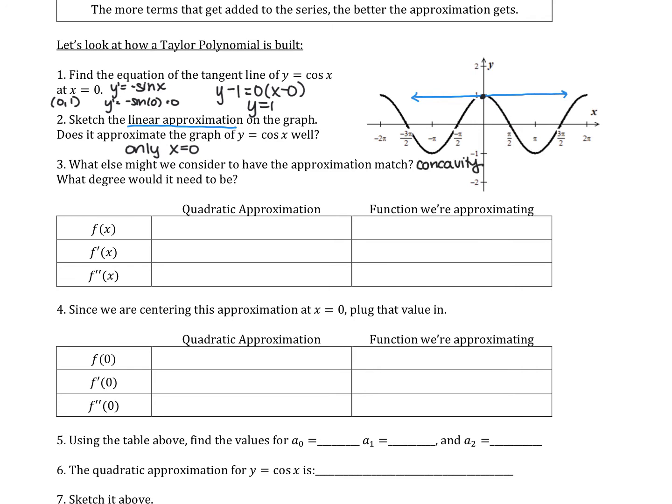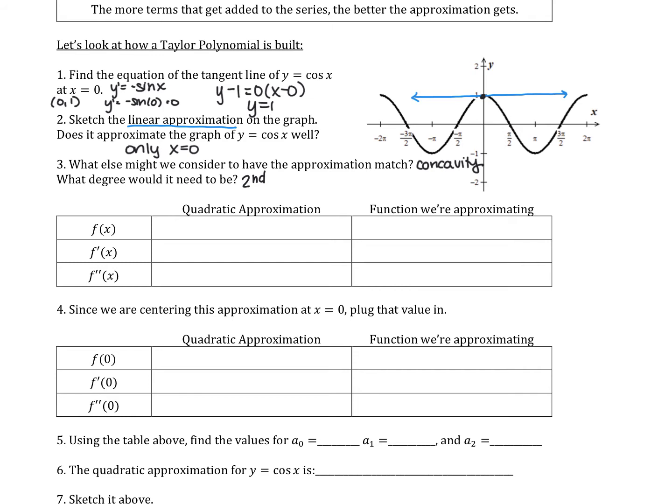We need the graph to bend and to have some curve. And so if we're talking about concavity, what degree are we looking at? We're looking at a second degree. Okay, so what we have is a constant function. If I want it to bend, I need it to have some concavity, which means I need a second degree.